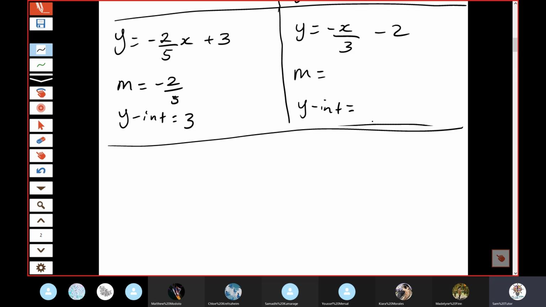It doesn't matter. Maybe start with the easier one if you feel more comfortable with this one. Don't let me scare you just because I've said, oh. The y-intercept is -2. So y-intercept is -2, correct?